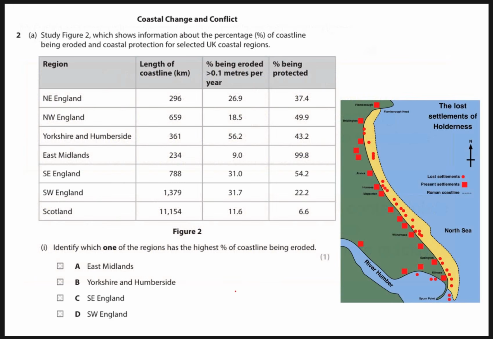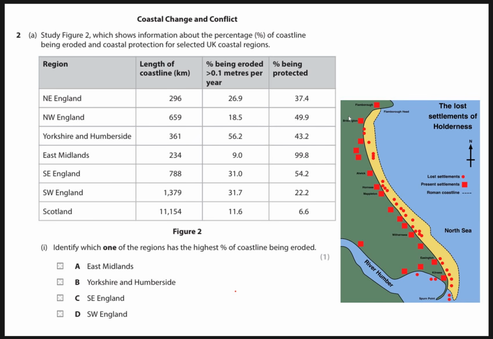Okay, question 2. This is about coastal change and conflict. Studying figure 2, which shows information about the percentage of coastline being eroded and coastal protection for selected UK coastal regions. Identify which one of the regions has the highest percentage of coastline being eroded.